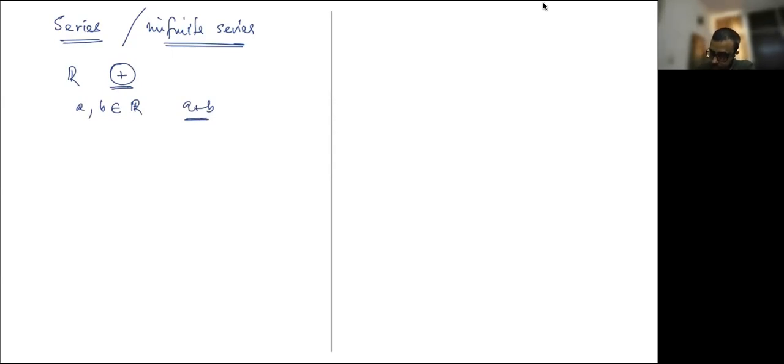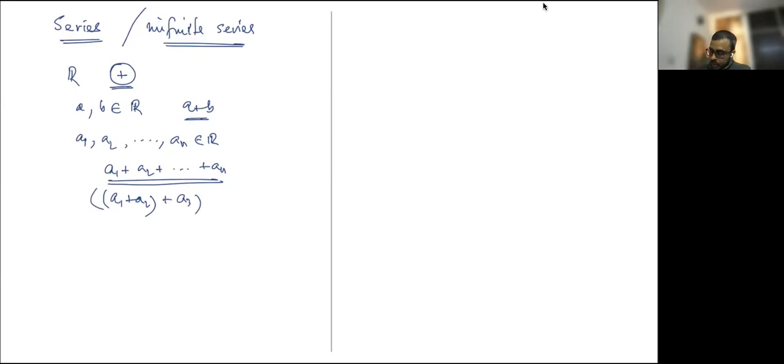And by repeating this, if you have finitely many elements from R, then you can also talk about their sum. So you don't have to worry about brackets because of associativity. So this is essentially repeating the binary operation on two elements at a time.